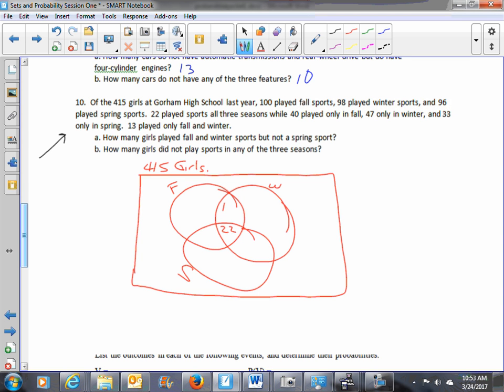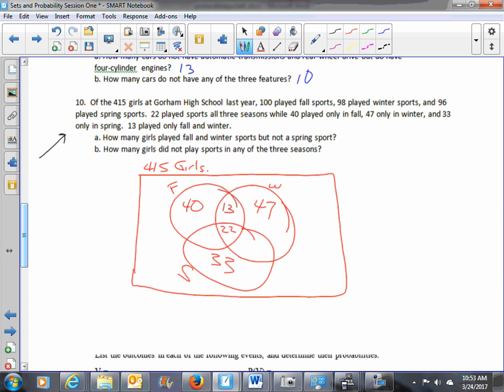That would be this particular spot right here. 22 played sports all 3 seasons. 40 played only in fall, that's this region here. 47 only in winter, that's this region here. 33 only in spring, that's here. 13 played only fall and winter, that's there.